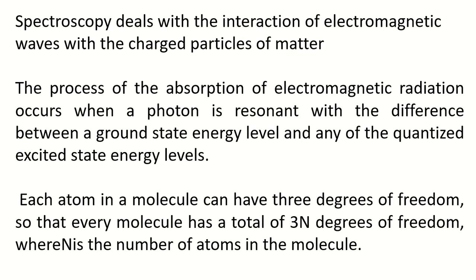Each atom in a molecule can have 3 degrees of freedom, which correspond to the motion along the 3 Cartesian axes, so that every molecule has a total of 3n degrees of freedom, where n is the number of atoms in the molecule.